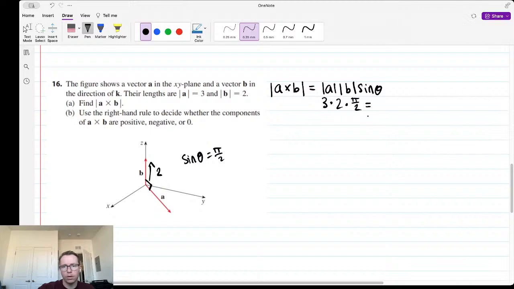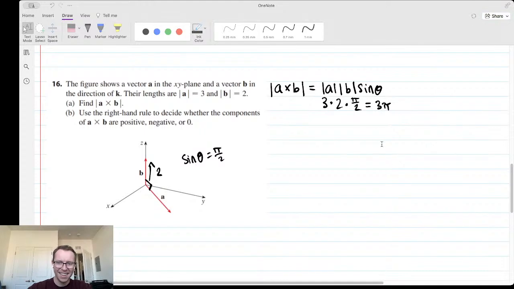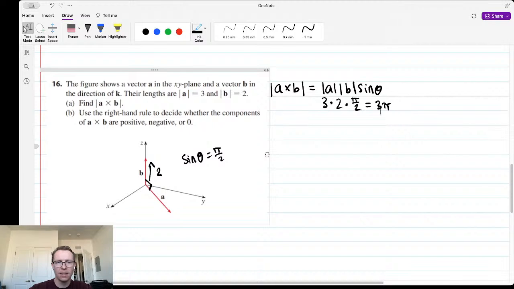Which 2's will cancel, so we just have 3 pi. So what does that mean? What does that mean? And then use the right-hand rule to decide whether the components are positive, negative, or 0.